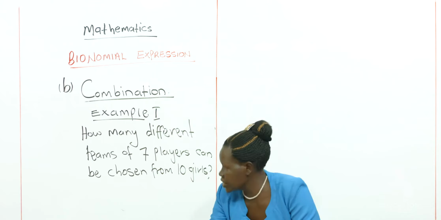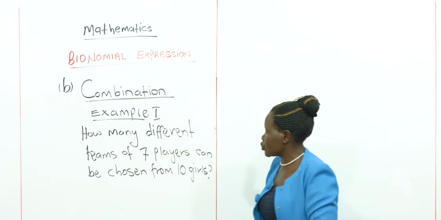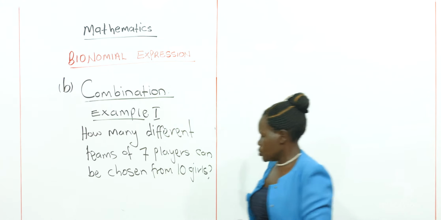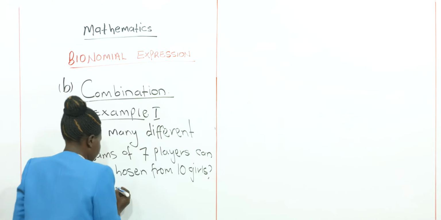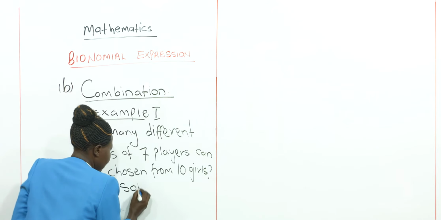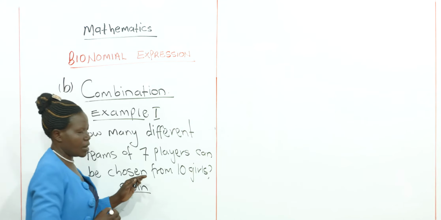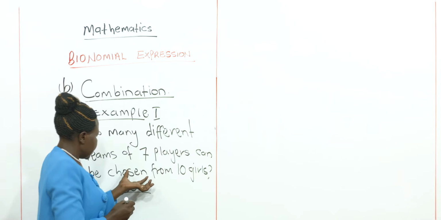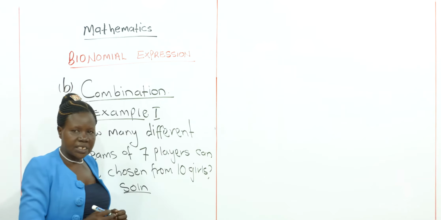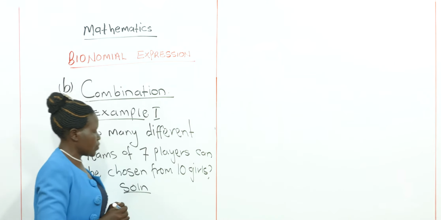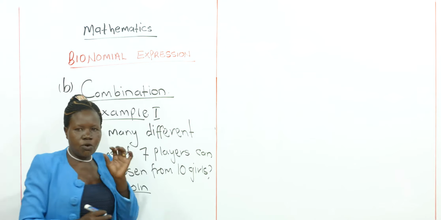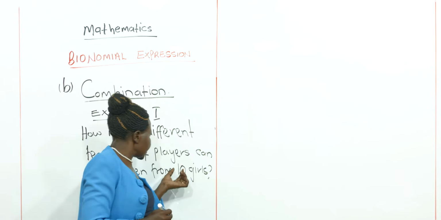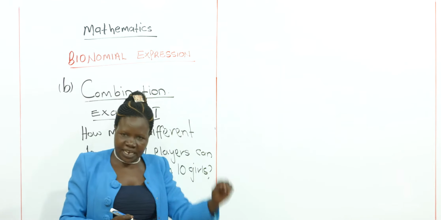So when you look at this question, how many different teams of 7 players can be chosen from 10 girls, once I have seen the word chosen, I am going to apply combination, because we have a group of 10 girls, and out of them I am going to select only 7. Are you getting the point? You are going to select only 7 from the 10.